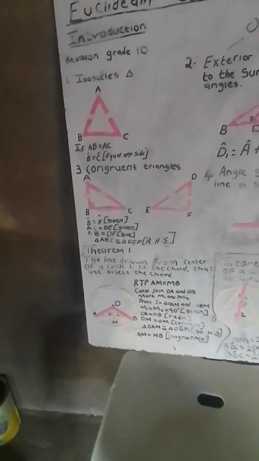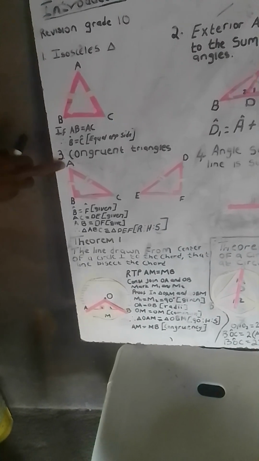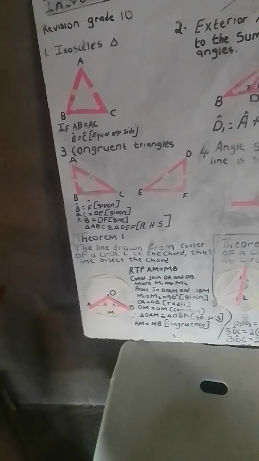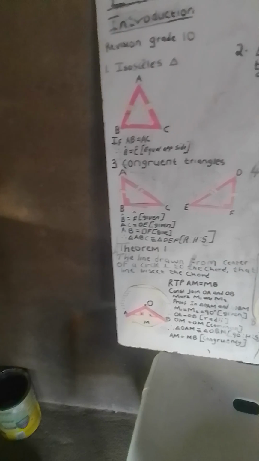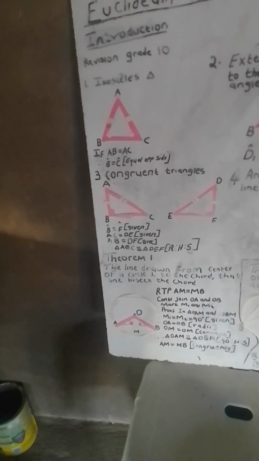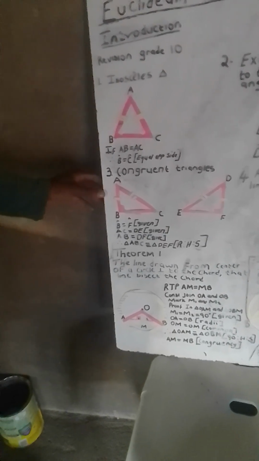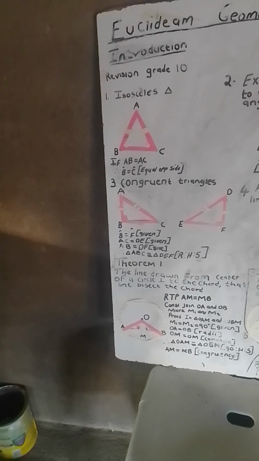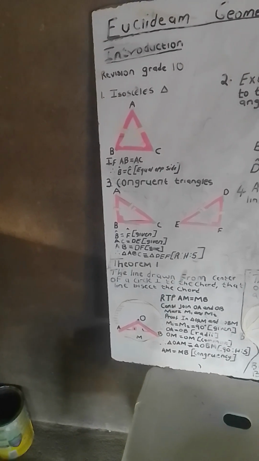So, let's go to two triangles that are congruent to each other. As for congruent triangles, we are given triangle ABC and triangle DEF. We know that we have a lot of properties of congruent triangles. So I just picked one property here because we're going to use it in proving theorem number 1.